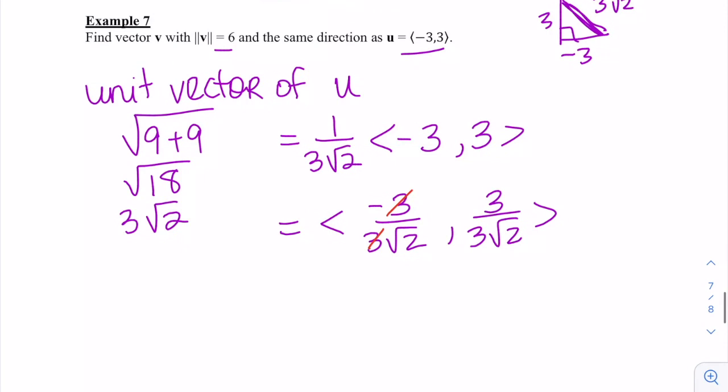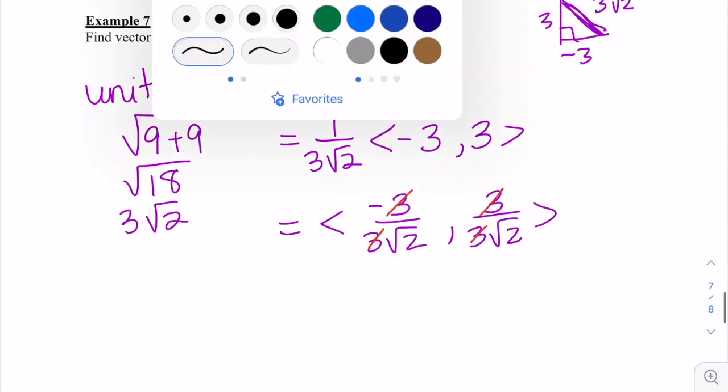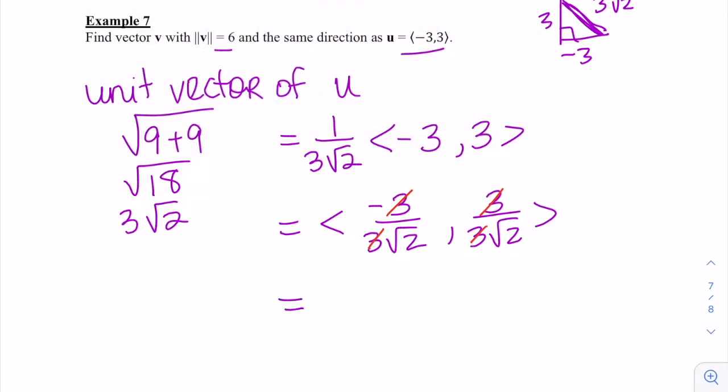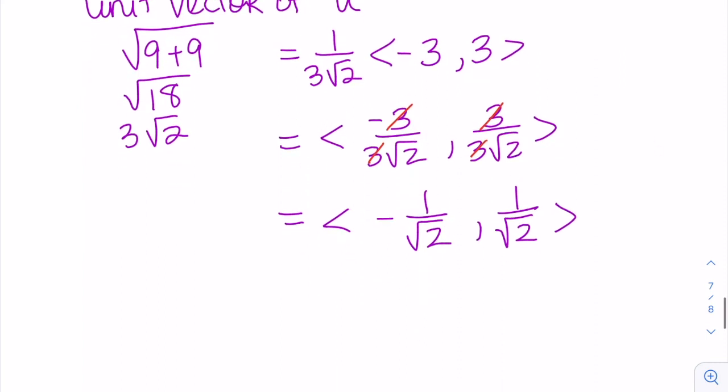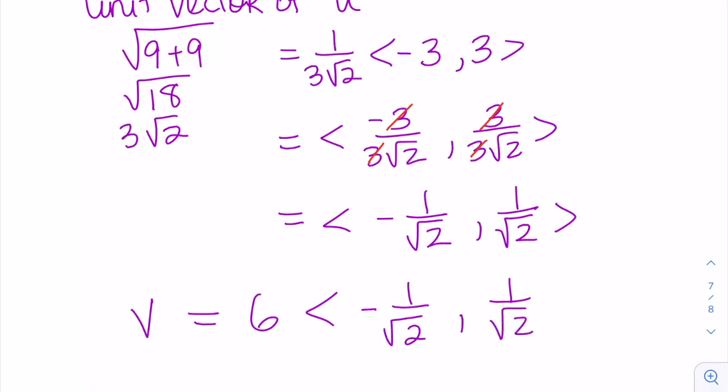But I'm going to reduce this 3 here, just to make it a little bit easier. And then this will be the unit vector that I'm going to use. I'll leave it like this for a little while. Okay, so that's my unit vector. Well, we wanted to find a vector v that has a magnitude of 6. So vector v is going to be 6 times that unit vector of u.